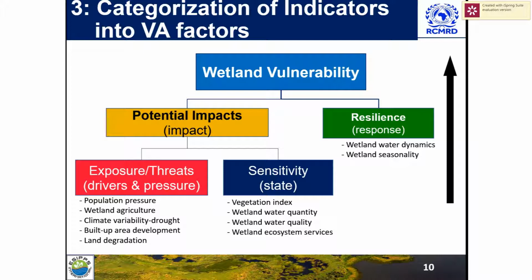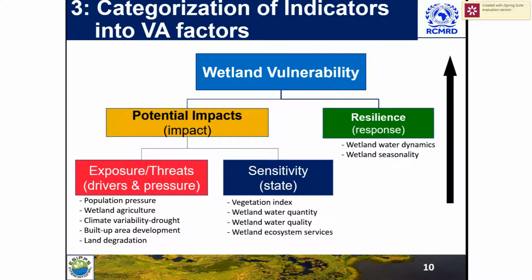Then you categorize datasets under the state of the DIPSA framework onto the sensitivity vulnerability factors. Here we have the vegetation index that looks at the vegetation condition of the wetland, which is the state of that wetland.